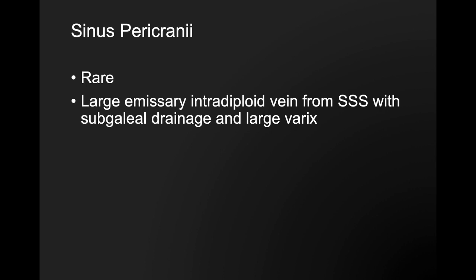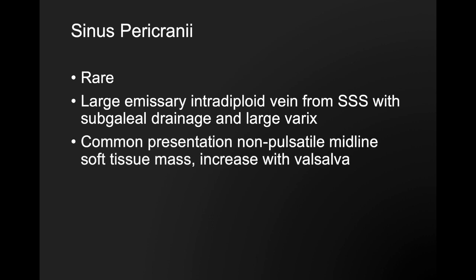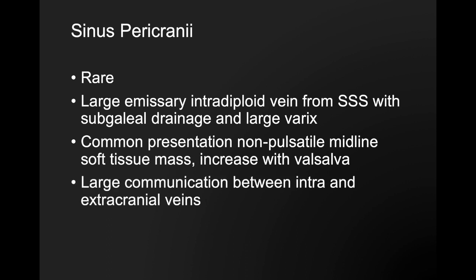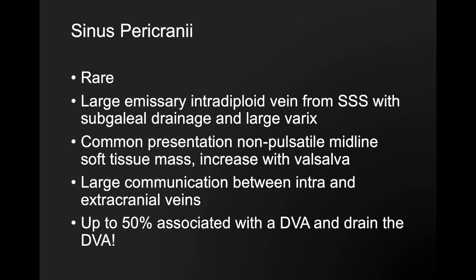Basically, you have a large emissary intradiploic vein from the superior sagittal sinus that drains into the subgaleal space, and you often get a large varix. The most common presentation is a non-pulsatile midline soft tissue mass, which increases in size with Valsalva. And there's often a large communication between the intracranial and extracranial veins. And about 50% of these are associated with a DVA draining the sinus pericranii.